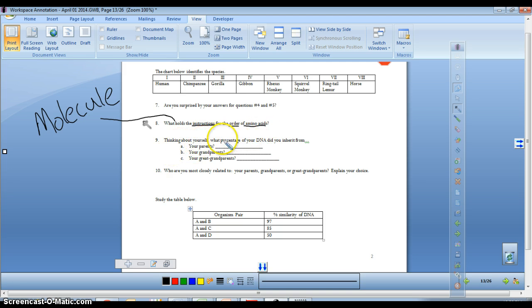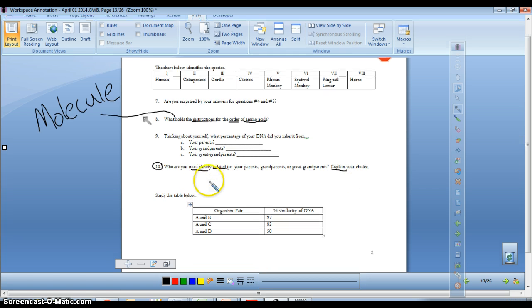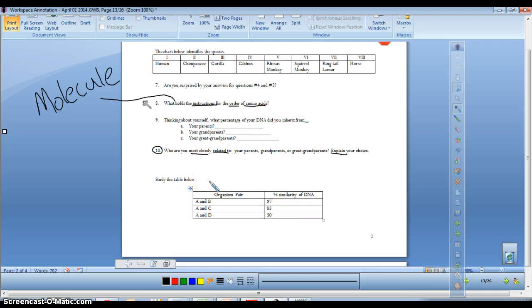Thinking about yourself, what percentage of your DNA did you inherit from your parents, your grandparents, your great-grandparents? Think about that. Who are you most closely related to? Explain. Okay?